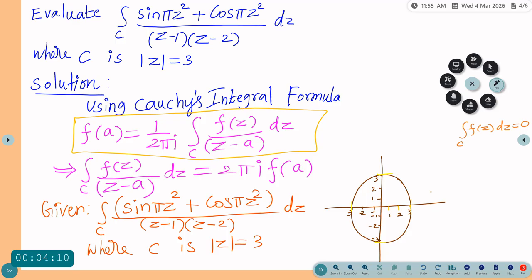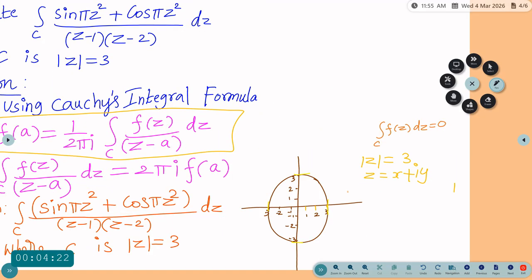Modulus z equal to 3 means, already we know that z equals x plus iy, so modulus z equals square root of x square plus y square.